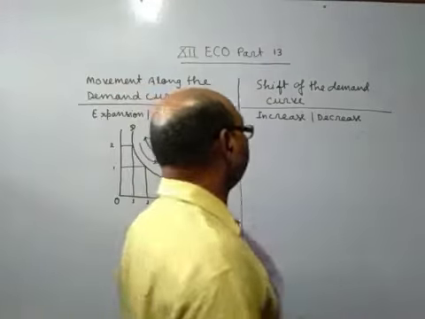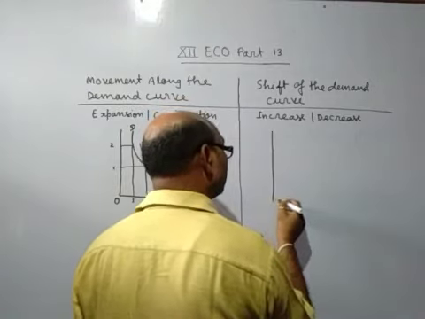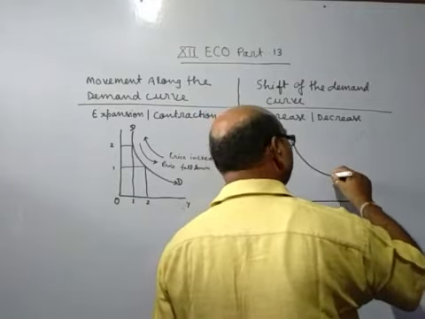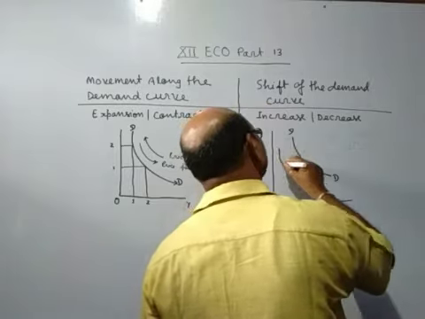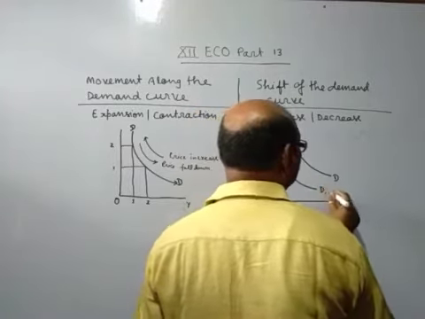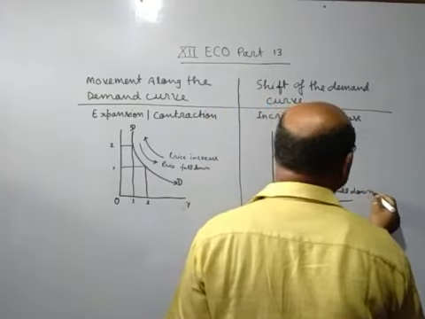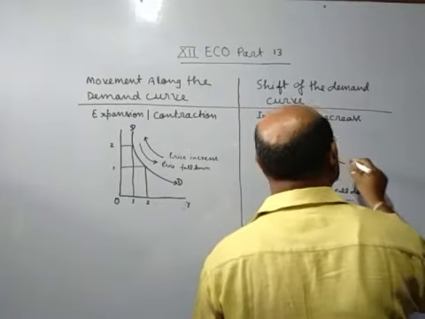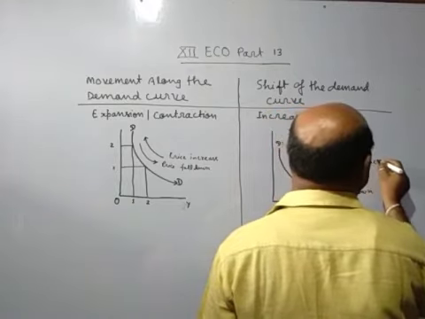In the case of shift of demand curve, this is the demand curve 1, this is the case of fall down, and this is the demand curve 2, this is the case of increase.